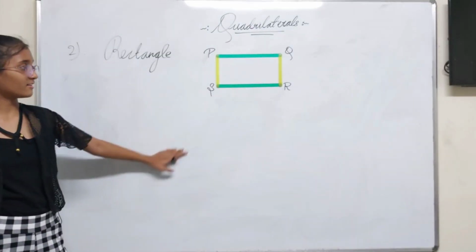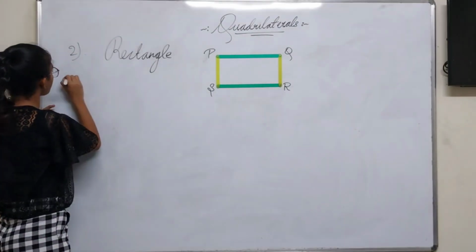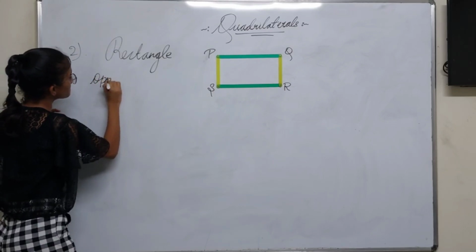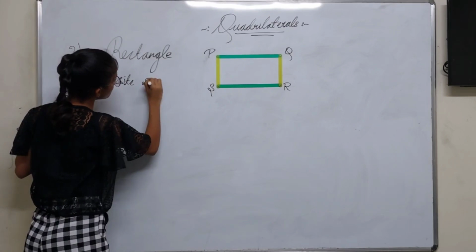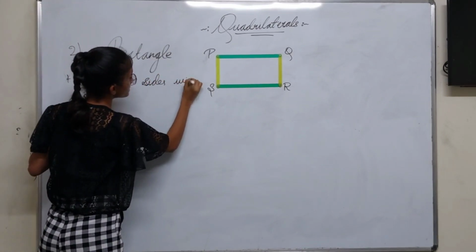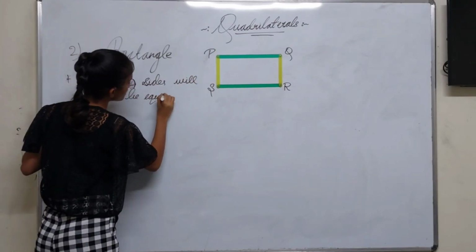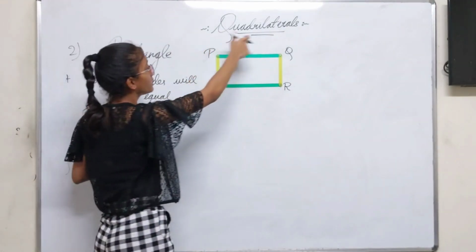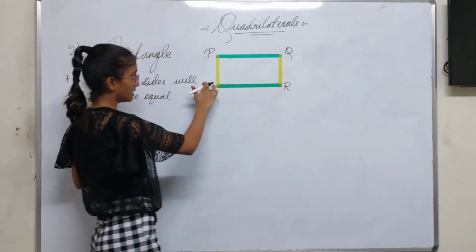So in a rectangle the opposite sides will be equal, which means PQ is equal to SR and QR will be equal to PS.